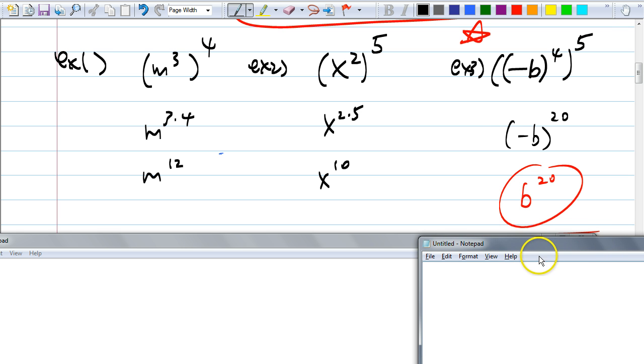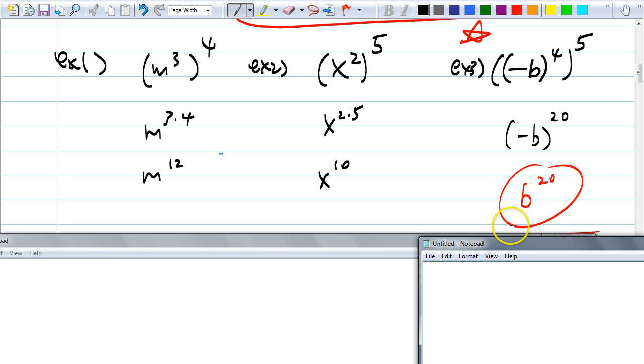Raise your hand if you think you can explain. Okay, how about Camilla? Exactly. Look at the base of the exponent 20. What is the base of that exponent 20, guys? Negative b. If you multiply a negative thing an even number of times, what happens to it?